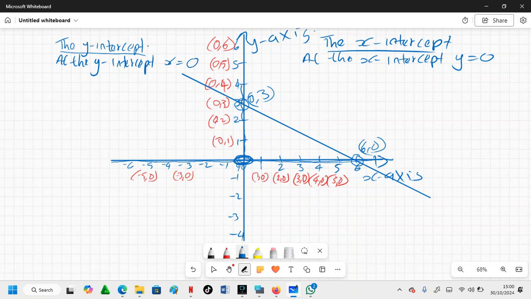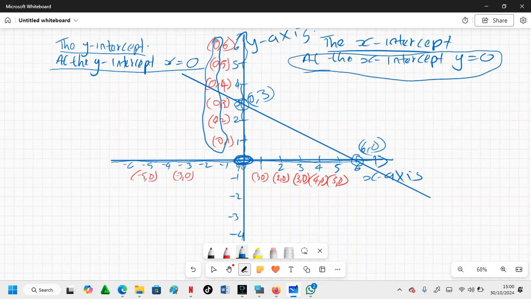So that's why we are saying that at the y-intercept, x is always 0, because along the y-axis, the value of x is always 0. All right? And then we are also saying that at the x-axis, y is what?